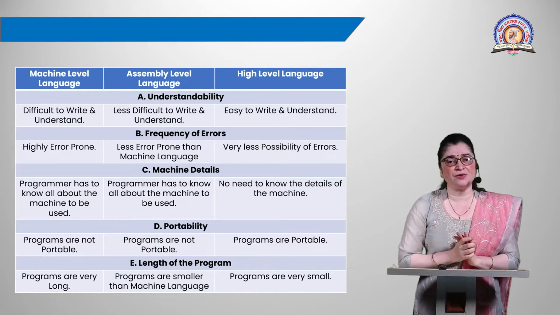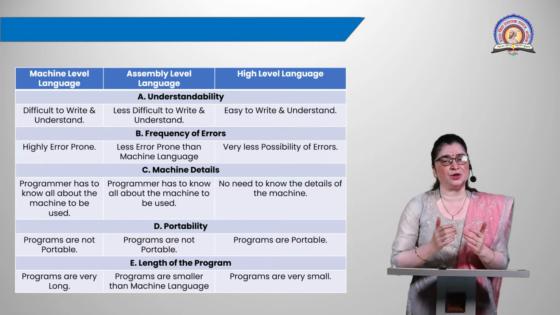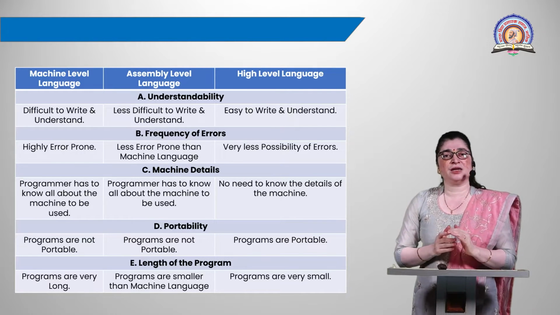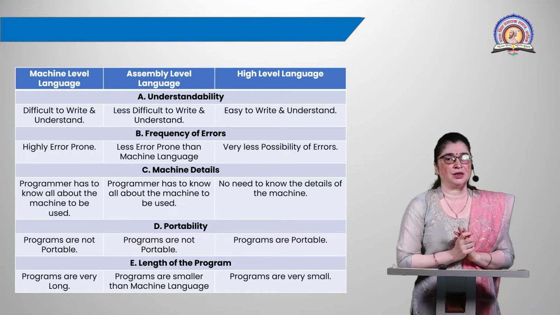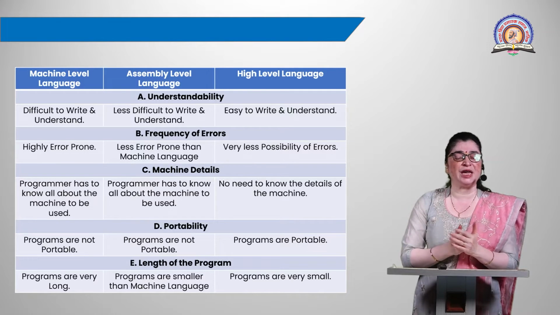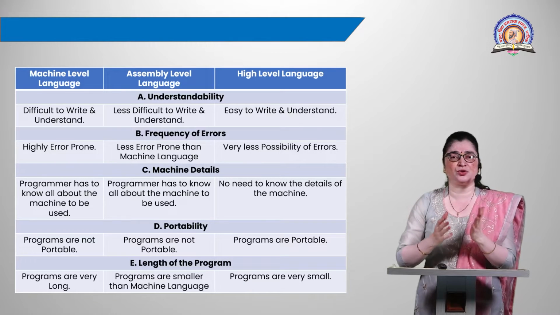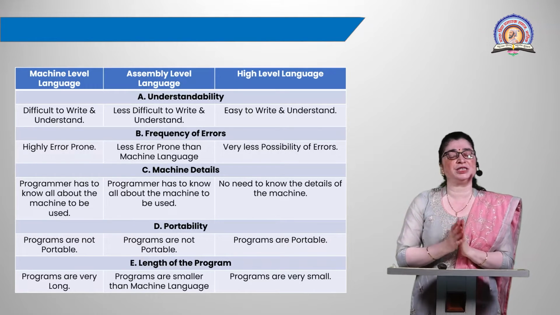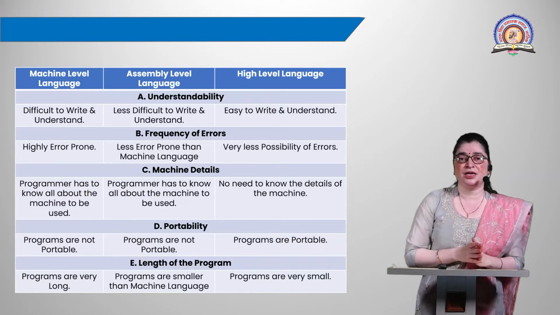And high level language is very easy to write and understand, because we are using our regular day-to-day symbols and words. Then frequency of error, the number of errors. Machine language programs are highly error prone, meaning the number of errors is more in machine language, because it should be in zeros and ones, and remembering a binary code for each and every alphabet, each and every number, each and every symbol is very difficult.